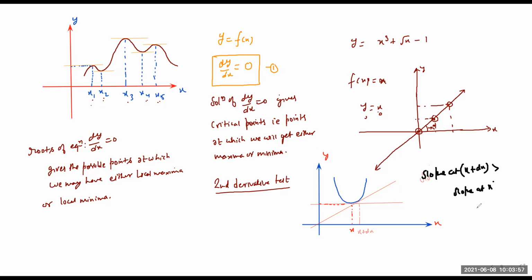The right neighbor of x is having greater slope than the slope at x. That's it. If you are a minima, then both of your neighbors will have more slope than you in terms of value, right?